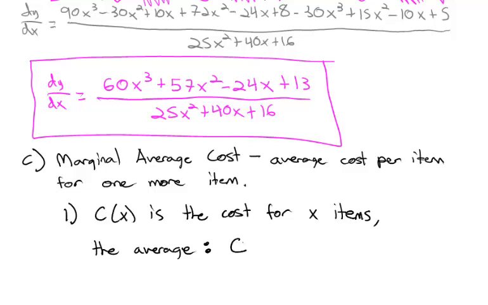So we're going to make this new function, we're going to call it C bar of x to represent the average cost, is the total cost of all of the items, which we know is C of x, divided by the number of items, which is x. Now, sometimes it would be easier, instead of dividing by x, to multiply by the reciprocal. So you'll also see C of x times 1 over x. Because the cost function often has fractions in it, and so if there's fractions in it, it's easier to multiply by a fraction than divide.